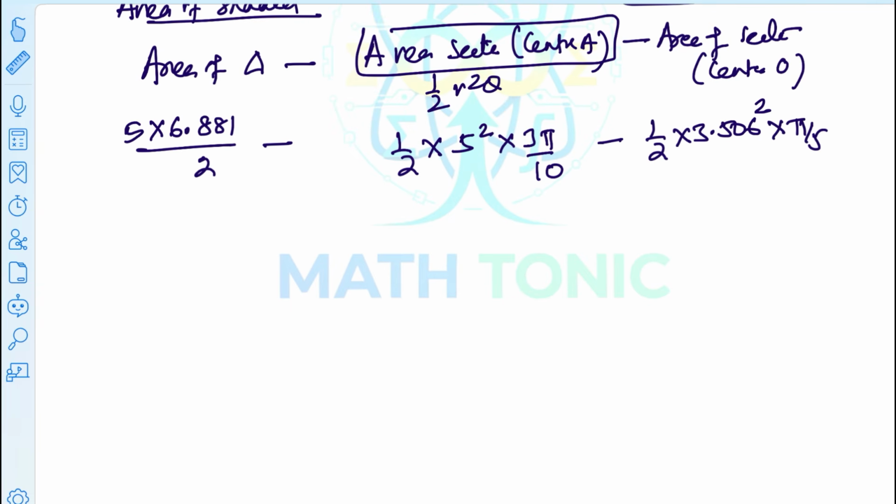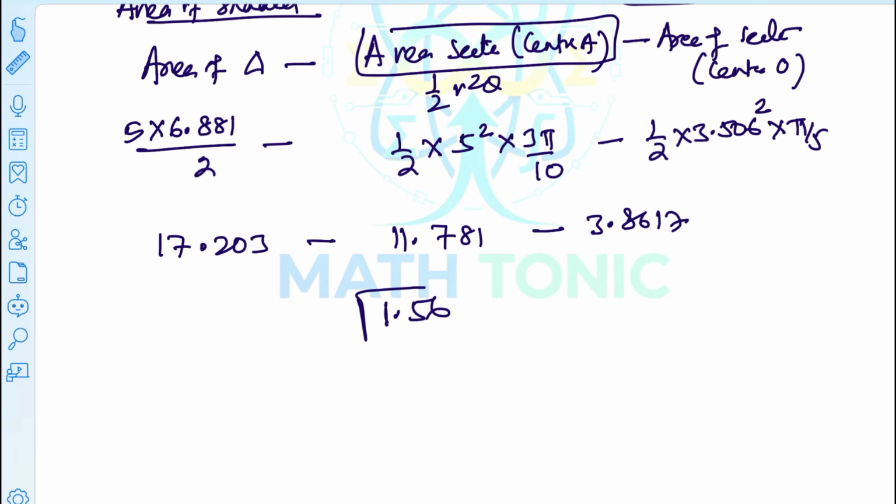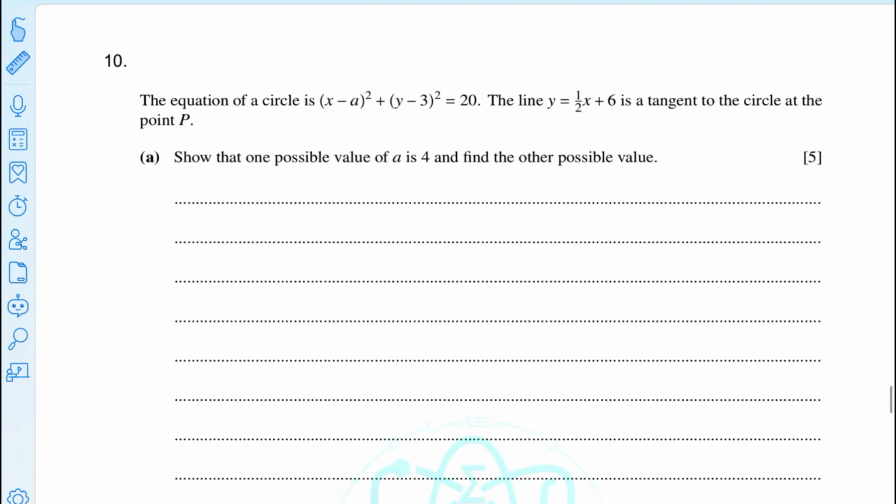Now if I put the values, check this, 17.203 up to 3 decimal places minus 11.781, and this is also minus. It will be 3.8617. So if you type this, your answer should be nearly 1.56 or 1.57 will be the accepted answer. Is it okay? Got it, right? Now move to the next question, please.